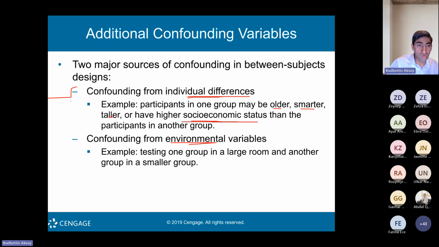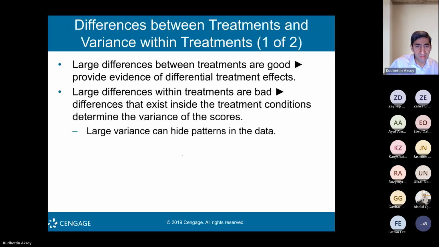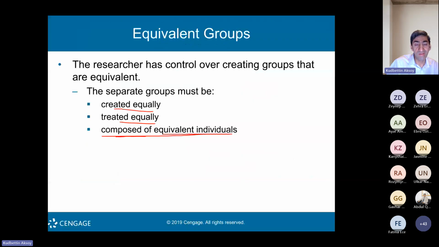Our job is to control these kind of differences. We want to have our groups equivalent. So make sure they are created equally, they are treated equally, same instructions are being read to them, and they're composed of equivalent people. You don't want to have, like, in one group, older kids, and in another group, younger kids.